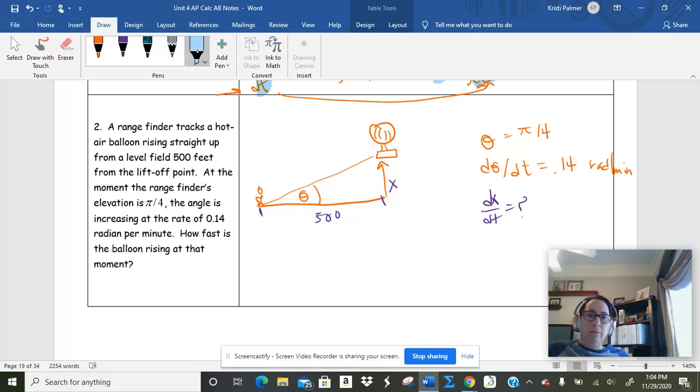So I have 3 things going on that I need an equation for. I have an angle, and I have the base here, and I have the height here. So what equation relates all of these 3 things? It's one of the SOHCAHTOAs.